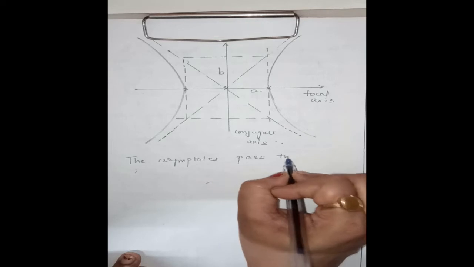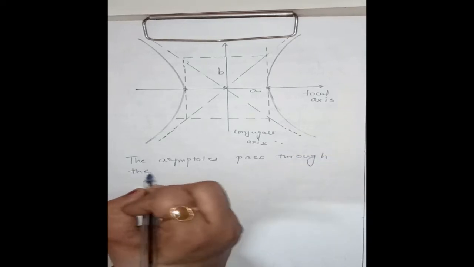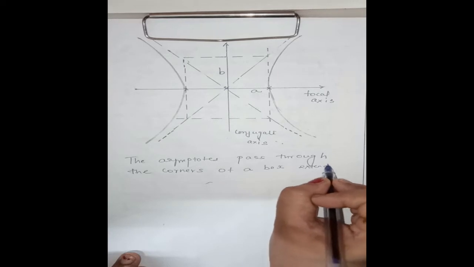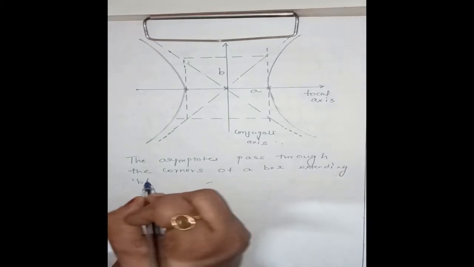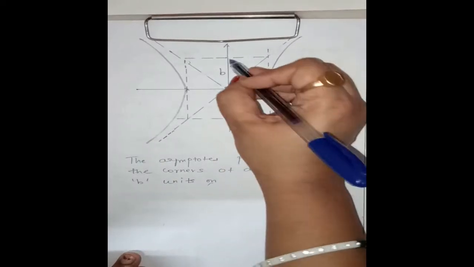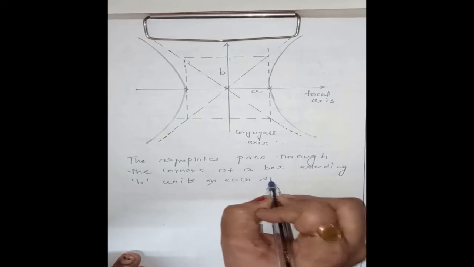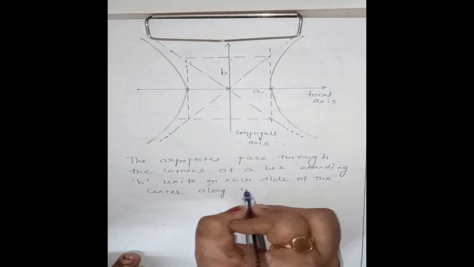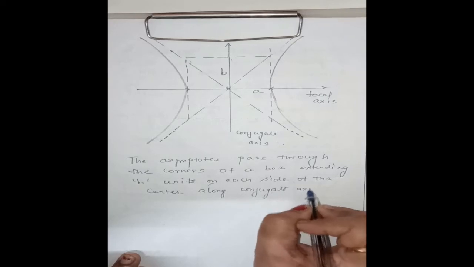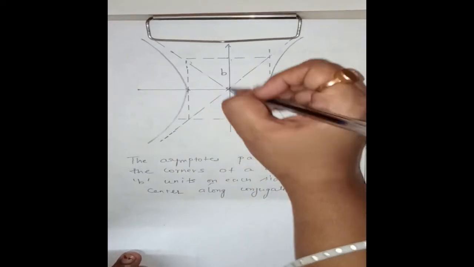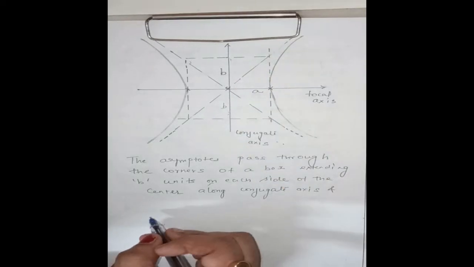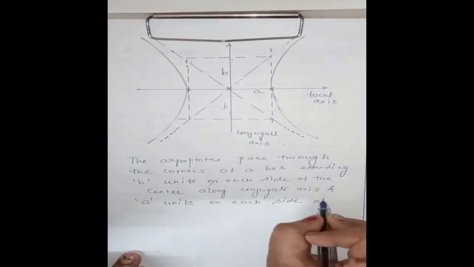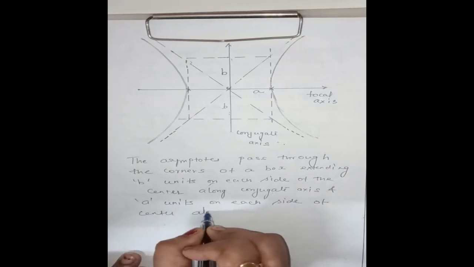the asymptotes pass through the corners of a box extending b units on each side of the center along the conjugate axis, and a units on each side of the center along the focal axis.